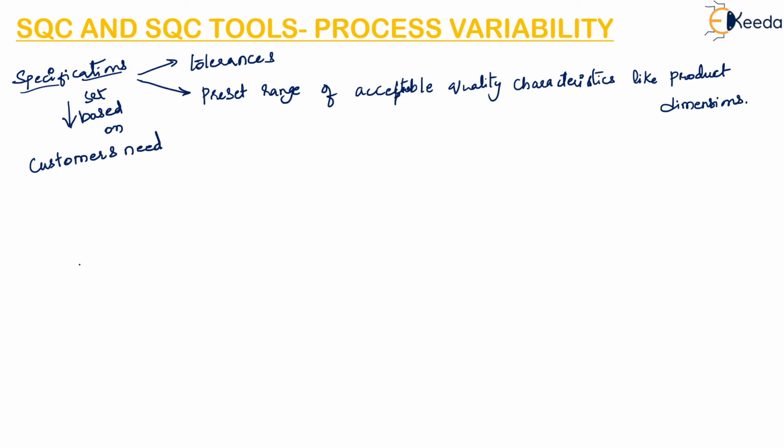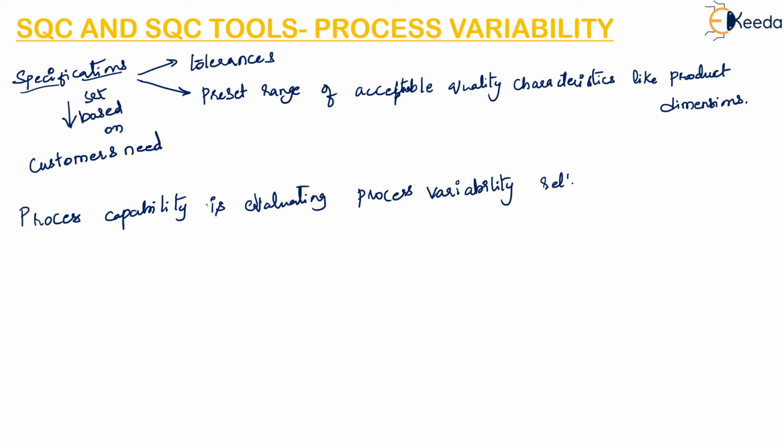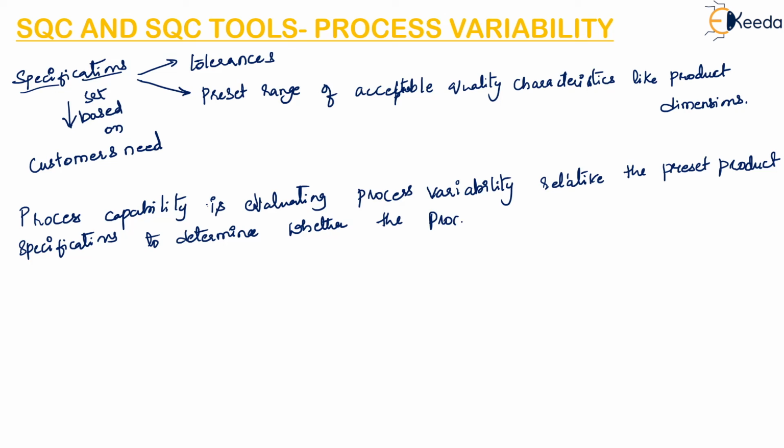Process capability involves evaluating process variability, that is how much it is varying from the specification, relative to the preset product specification, to determine whether the process is capable of producing an acceptable product or not.